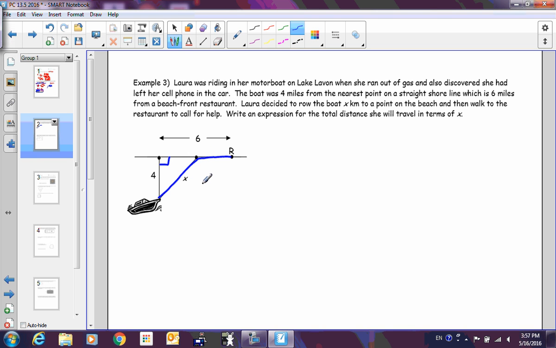All right, and so all they're asking us to do on this problem, though, is to write an expression for the total distance she will travel in terms of X. So let's think about the distance that she's going to row, and that's the easier one. And then let's do the distance that she's going to walk.